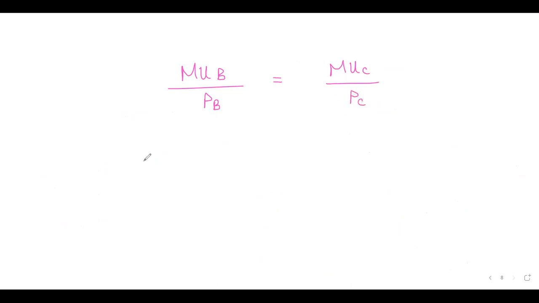Now what this formula is showing us is that consumers will prefer to spend their income on products that give them higher utility for each dollar spent on that product. I'll give you an example after this. In fact, I did give you an example in the last class.